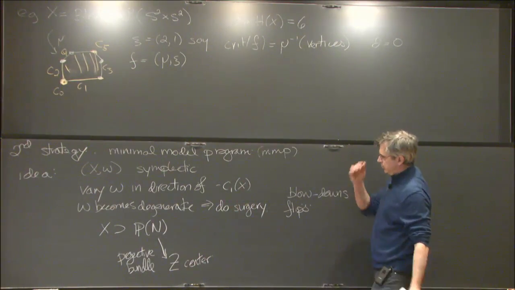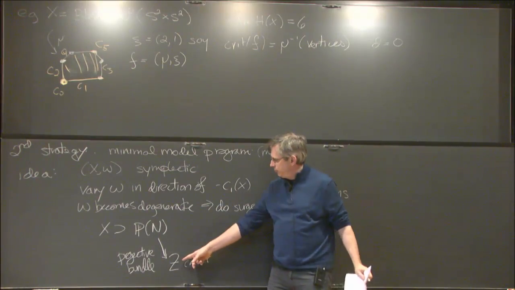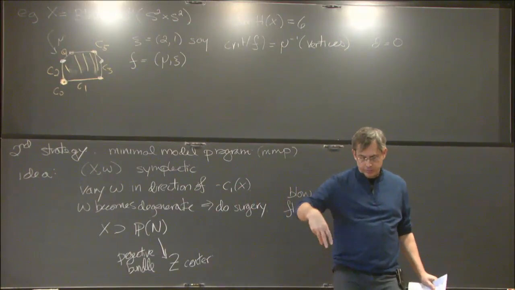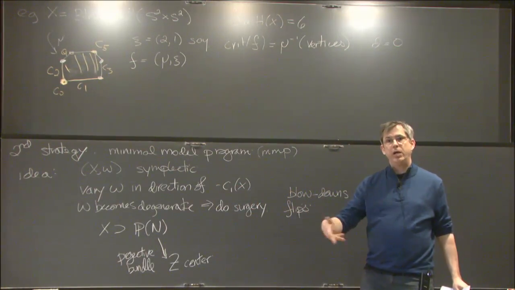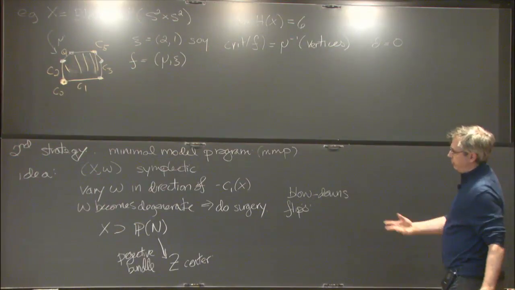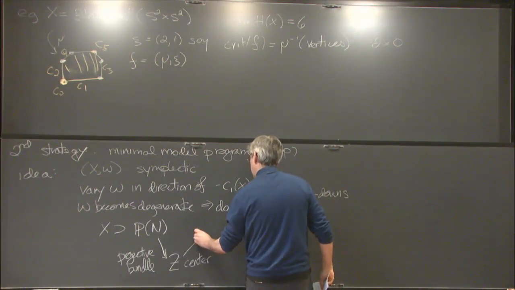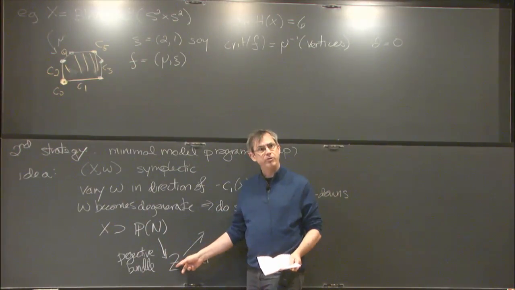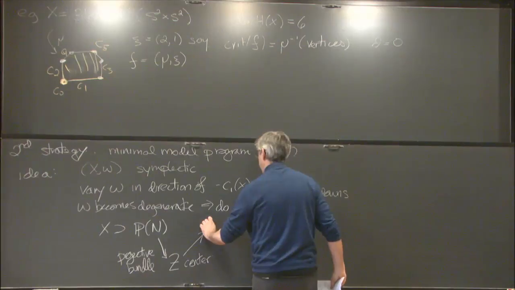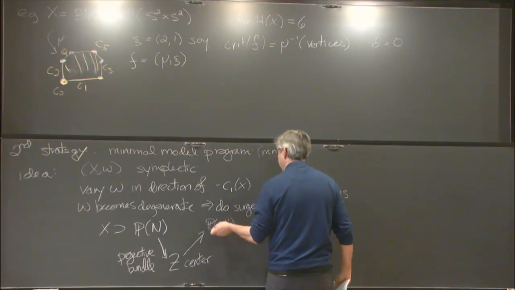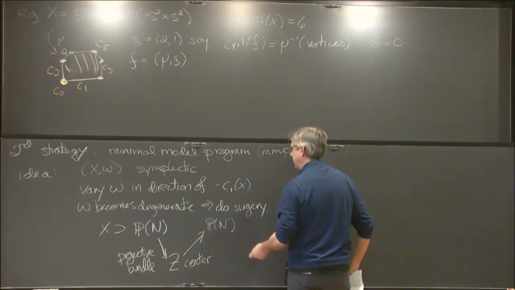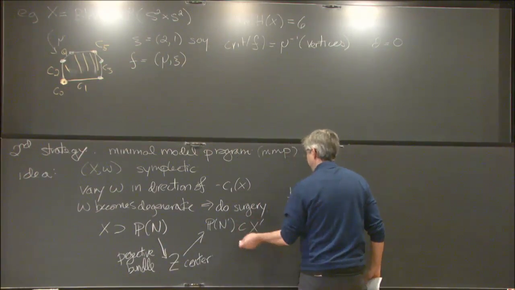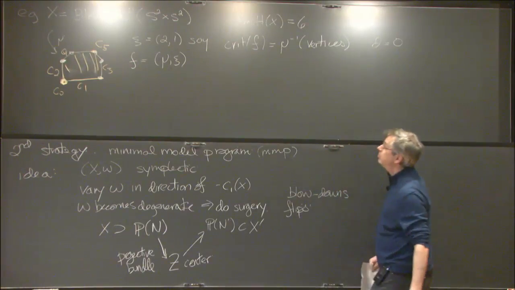So if you're just doing a blowdown of some divisor to a point, the center would just be a point. But you can have blowups along higher dimension varieties as well, and so then that would be the center of the blowup. And so then, if you do a blowdown, you just replace this projective bundle with the center. But for a flip, then you have another projective bundle of complementary dimension, and replacing this projective bundle with this projective bundle gives you something called X prime, which is the flipped variety.